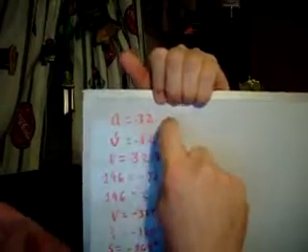Now we're going to start this equation with a negative acceleration of 32 feet per second squared. If you'll remember, I was talking about Galileo, and Galileo said that any object dropping near the Earth's surface will drop at negative 32 feet per second squared. So we've got a negative acceleration of 32 feet per second squared.